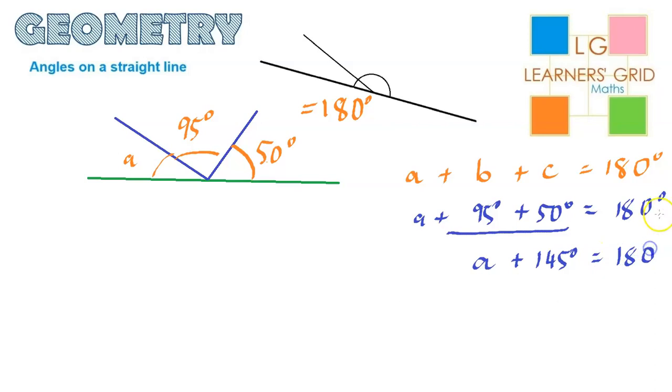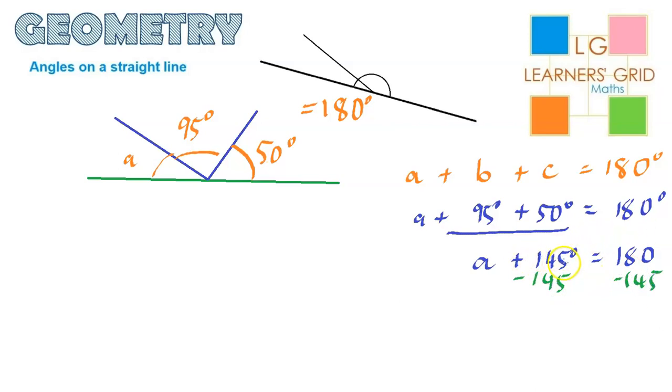equals 180. So now all I need to do is get rid of or cancel out adding 145. That will leave angle A all by itself, which is what we want. So I do the inverse or the opposite. I minus 145, and I must do it to both sides to keep the whole equation balanced.